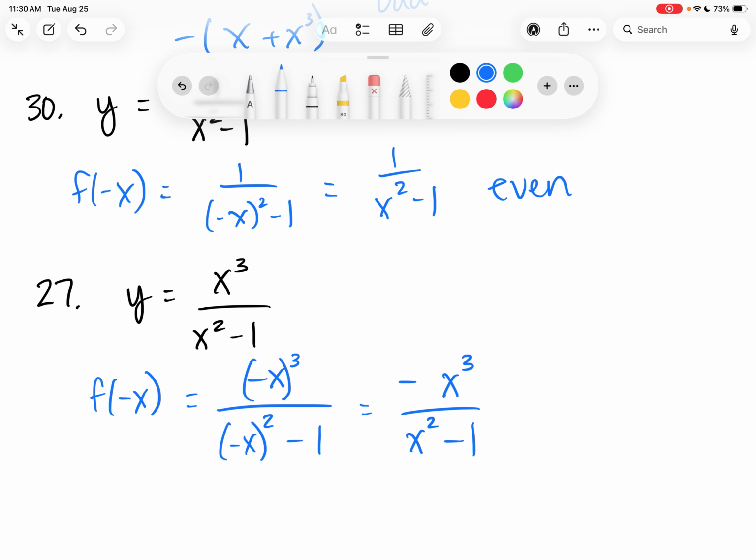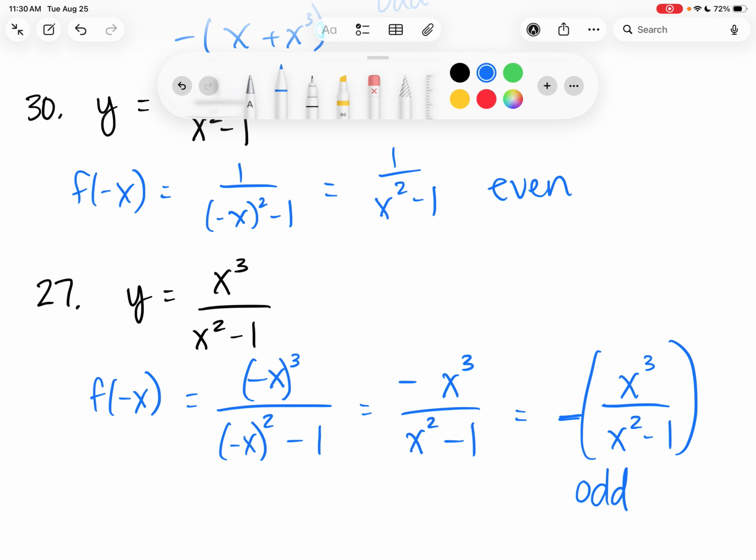The top is different, but with a fraction, since it's the top that's negative, I can take that negative out front and have x cubed over x squared minus 1. This whole thing has become negative, so that means it's odd. That's why it's a little more complicated than the others.